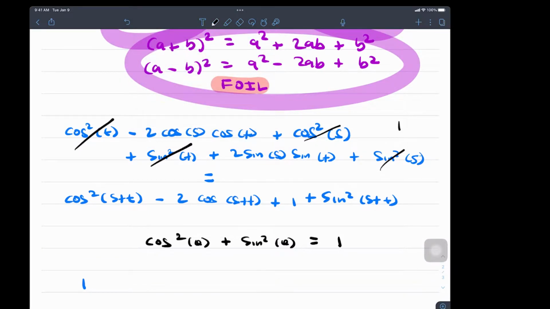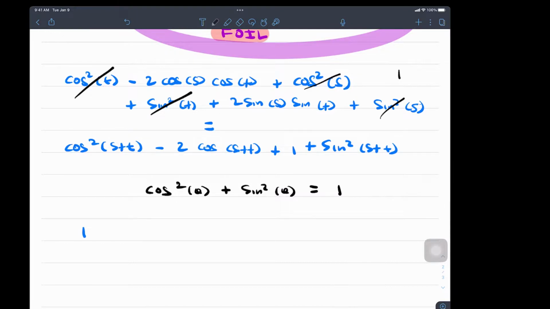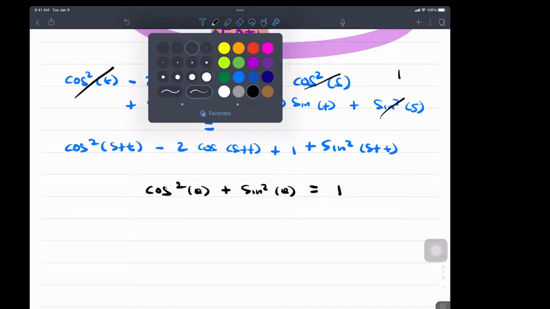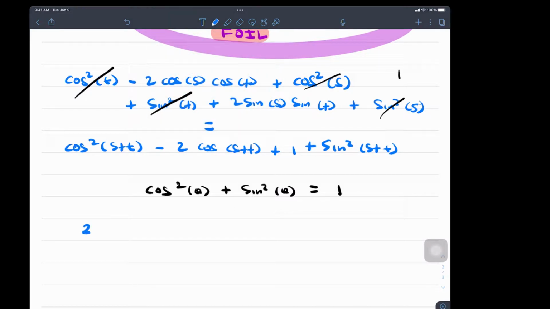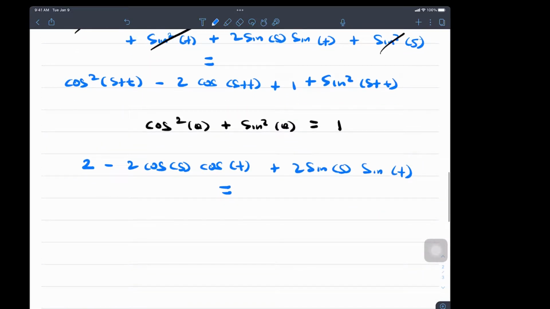Okay. So far, it looks like, what do I have here? Here's what we have. 1, 1, minus 2 cosine s cosine t plus 2 sine s sine t. Now, what does that equal? Well, over here, we're going to get rid of this, and that's a 1.